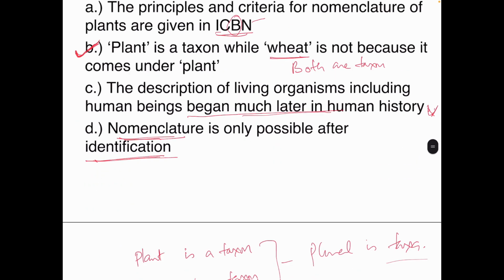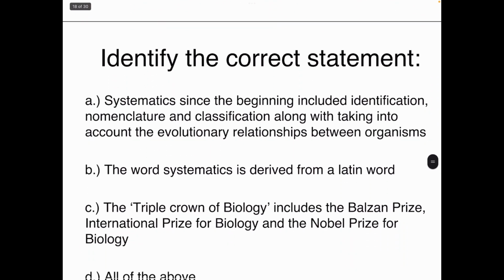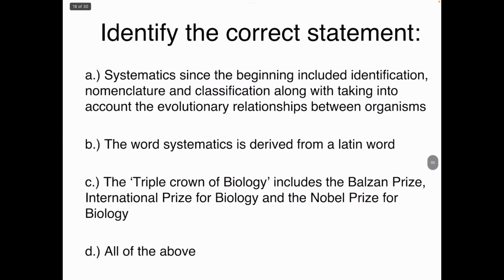Moving on to our next question. Identify the correct statement. Option A, systematics since the beginning included identification, nomenclature, and classification, along with taking into account the evolutionary relationships between organisms.